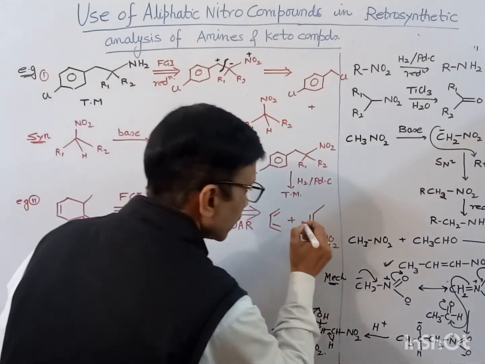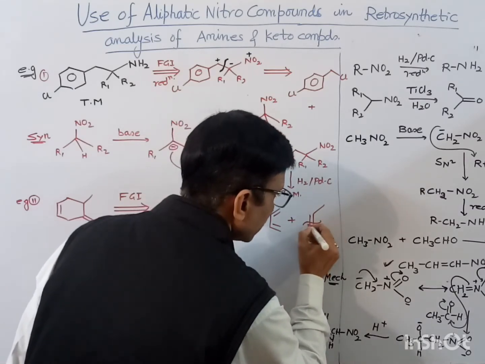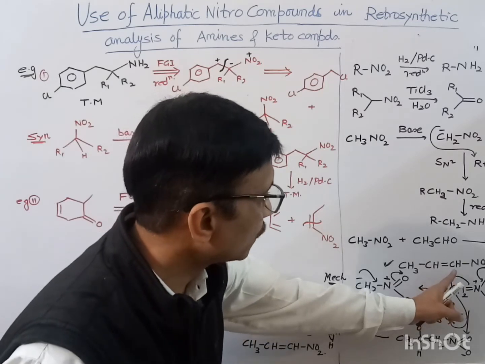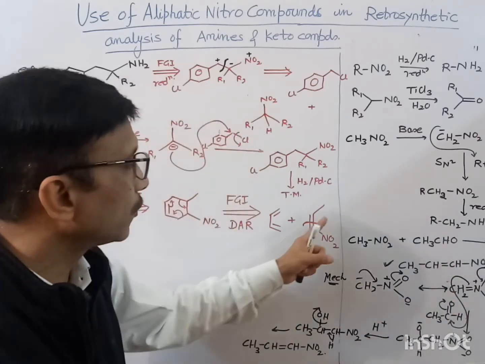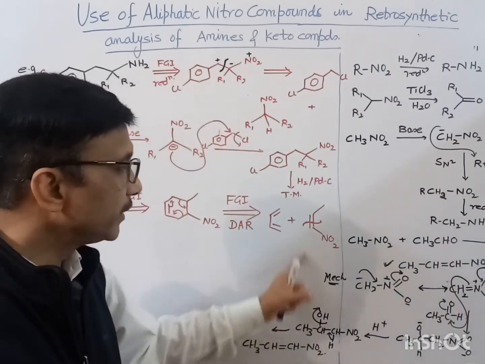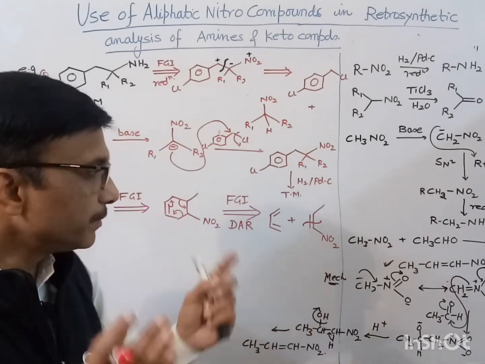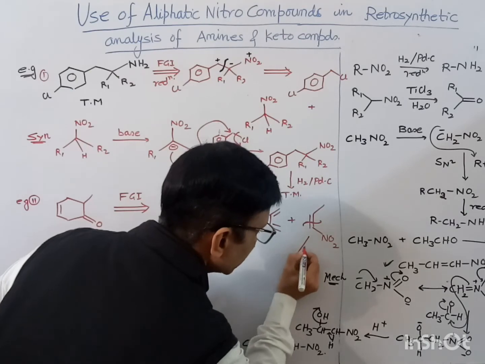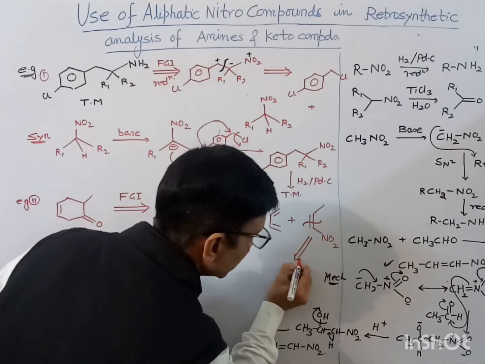Now we can again do the FGI. Already I have told you, if we have an alpha beta unsaturated nitro compound, it can further be disconnected to give simpler reactant molecules. So this can give you the simpler reactant molecules, by further FGI.